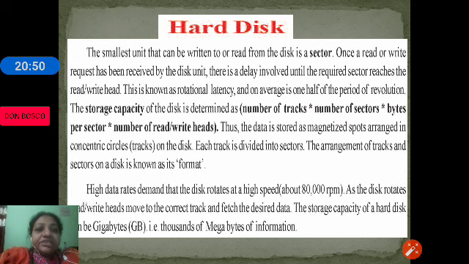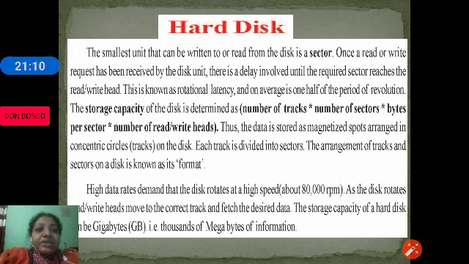High data rates demand that the disk rotates at a very high speed, about 80,000 rpm. rpm means rotations per minute. When I was telling about the floppy disk, the rotation speed is 300 rpm, that means per minute it rotates 300 times.